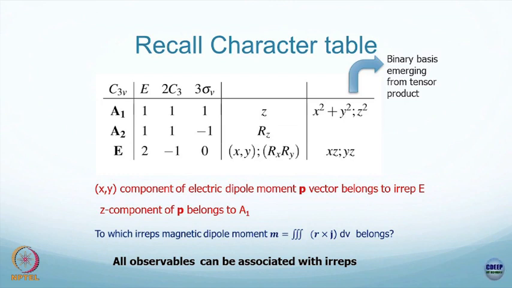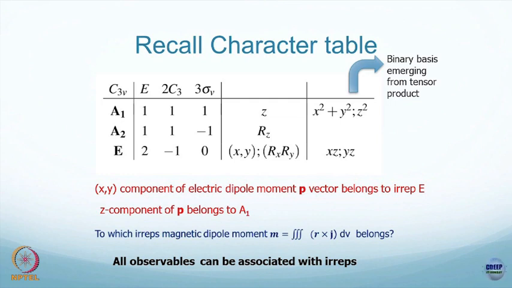I have not really talked about binary basis, it is just primary basis. Whatever happens to the components of your position space vectors will happen for any of these polar vectors, and any of the axial components of the vectors in position space, you can again attribute to the axial components of your other observables like the magnetic dipole moment. So, this is primary basis. I am just trying to justify the bottom line: all observables can be associated with irreps.